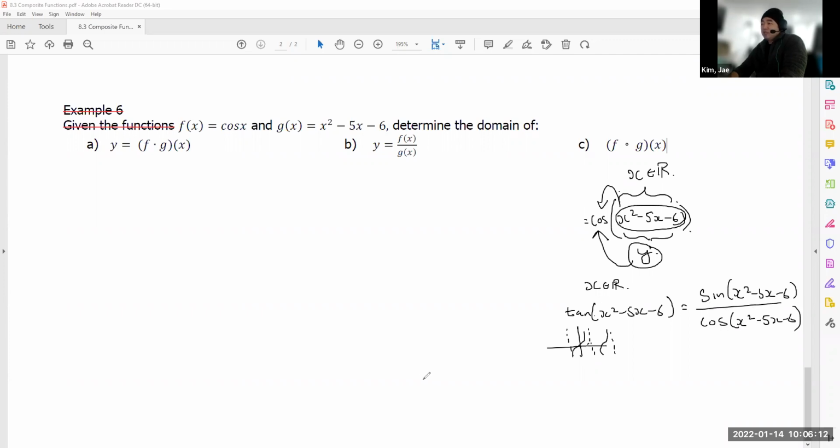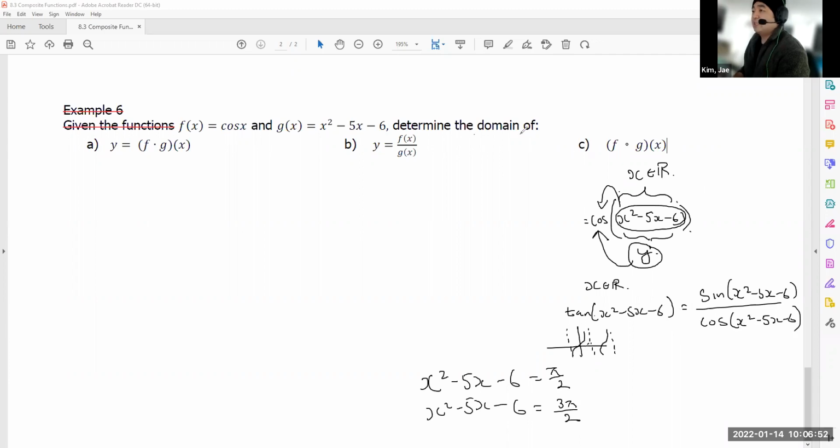Because for cosine to equal 0, we need to figure out when x squared minus 5x minus 6 equals, no, not 0, sorry, when this equation equals pi over 2. I also have to figure out when this equation equals 3 pi over 2. That will make cosine a 0, which will make the entire fraction undefined. That's annoying, I get it. So I'm not going to ask you to do it.